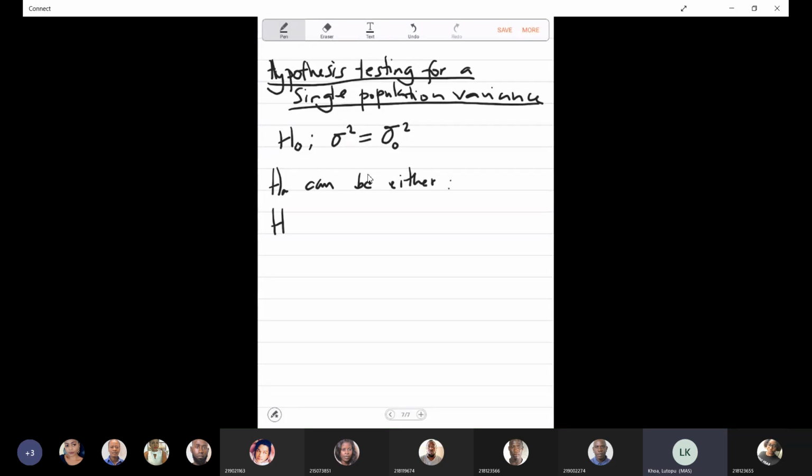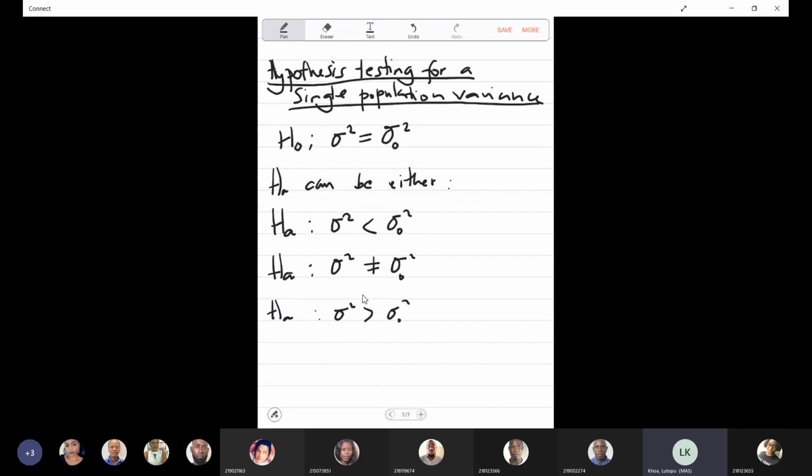So you'll have HA like this: sigma squared is less than the hypothesized value, HA is not equal to the hypothesized value, or HA sigma squared is greater than the hypothesized value.